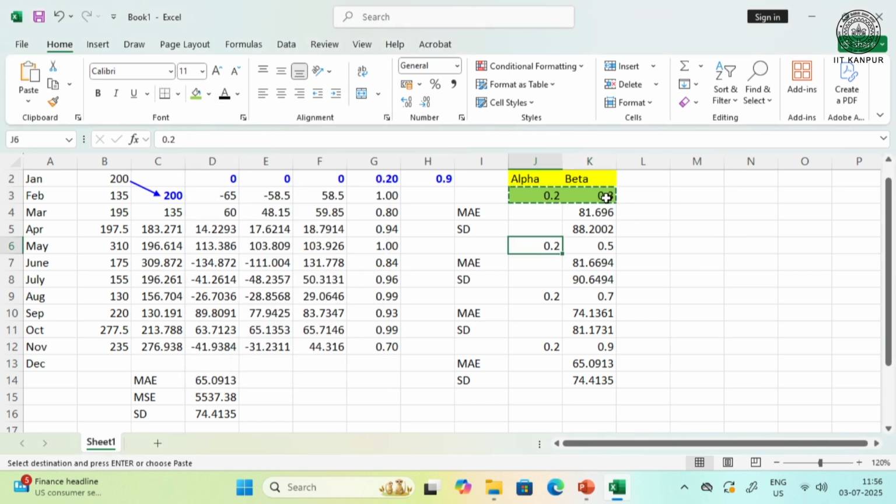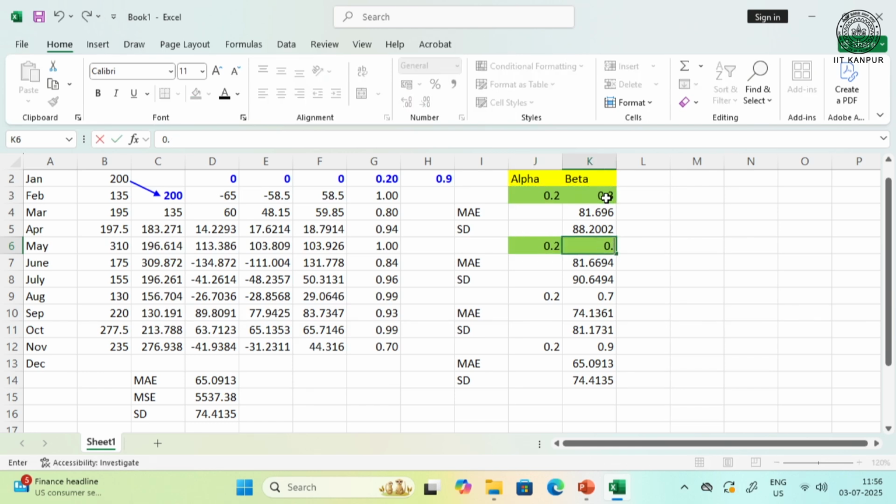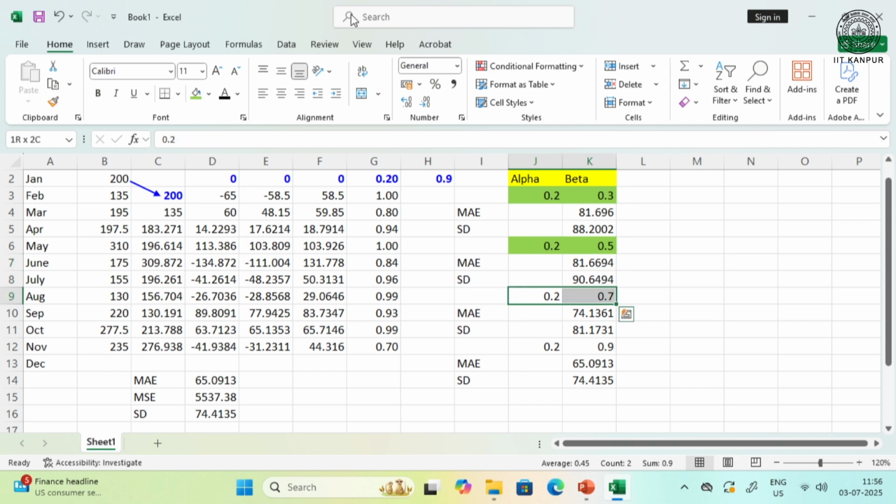So, for 0.2, this is 0.5, it is not 0.2 anymore. This is again 0.2, 0.7, and this is 0.2, 0.9. Now, let me check how alpha values can be changed, and for these changing values of beta, that combination can also be checked.